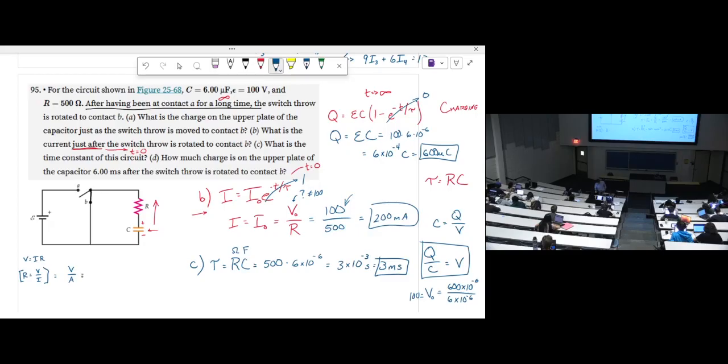But a volt is equal to a kilogram meters squared per second squared per coulomb, and amps are coulombs per second. So the coulombs cancel, and one factor of per second cancels. So now I've got kilograms meters squared per second.